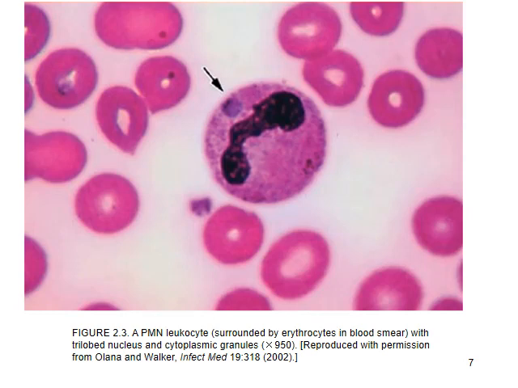Now, this is a blood slide. You can see a neutrophil surrounded by erythrocytes, just a peripheral blood film. And of course, what is the difference between the neutrophil and a red cell? Correct.